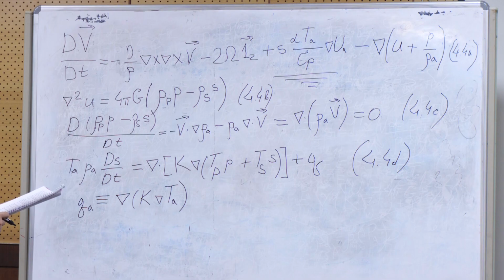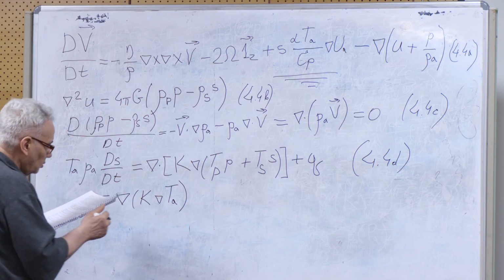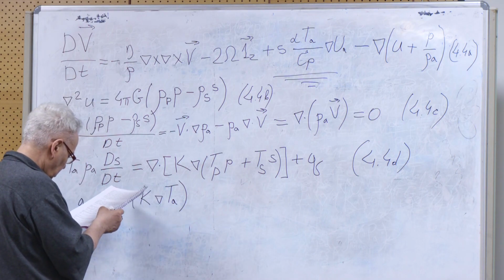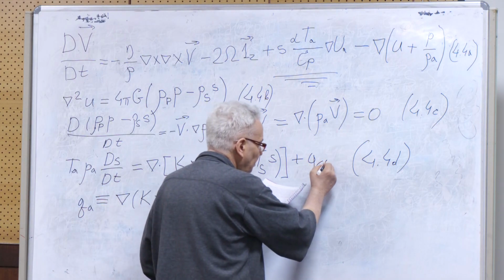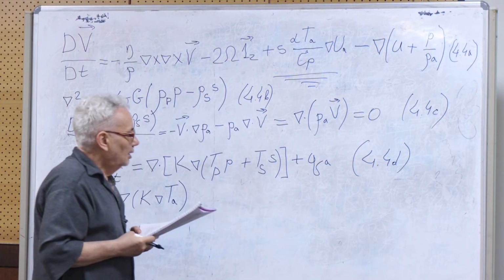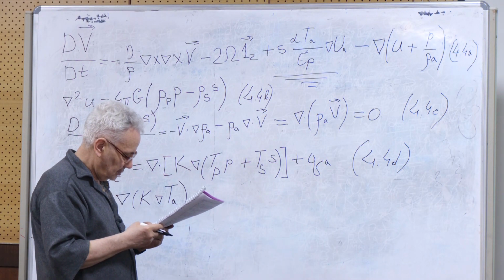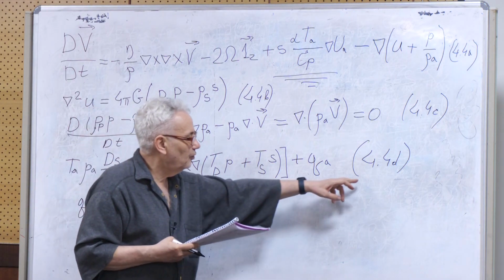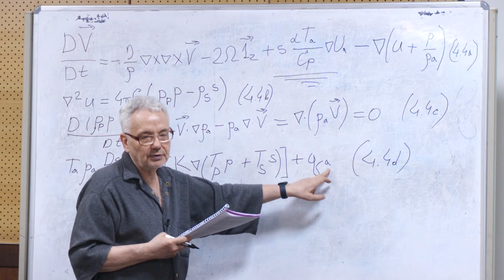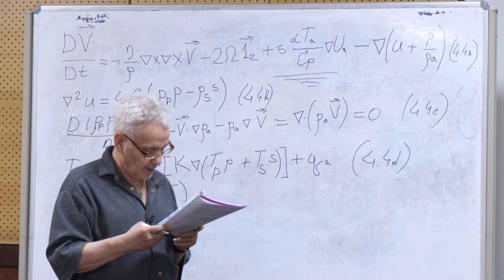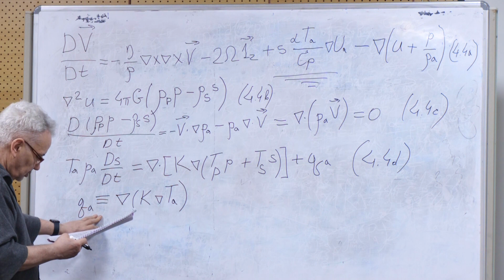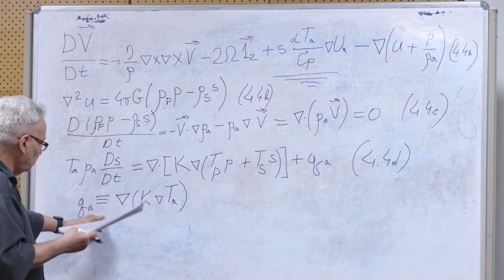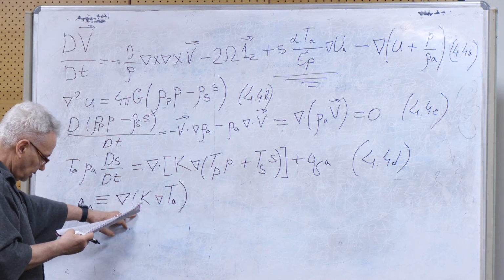Oh, sorry, I forgot to put the co-adiabatic index here. In this formula 4, please put this index. And here we express this adiabatic term in this value, like that.